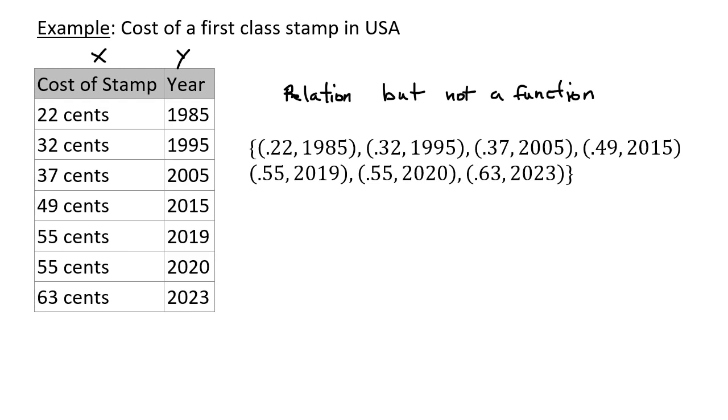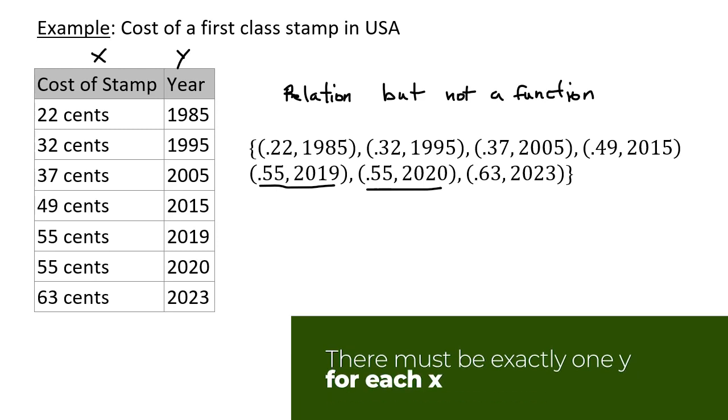Because if I look at the cost is 55 cents, that could be in 2019, or the cost is 55 cents, that could be in 2020. There's a repeat here. There's two different possible y values when x equals 0.55. So that means it is not a function.